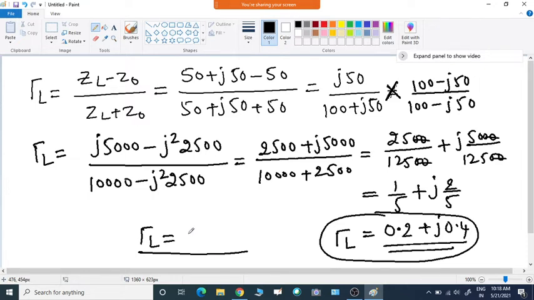What is the value of the polar form? Anybody calculated?